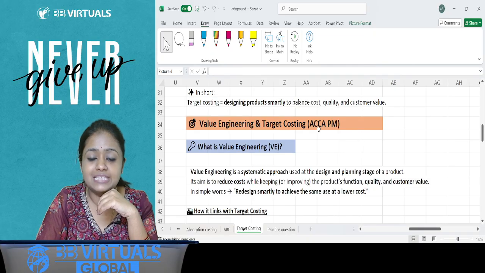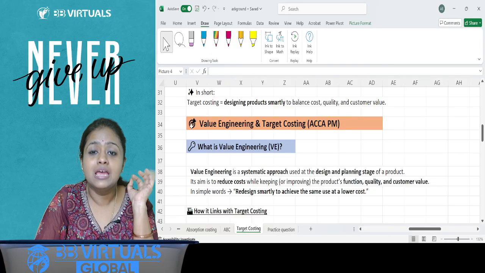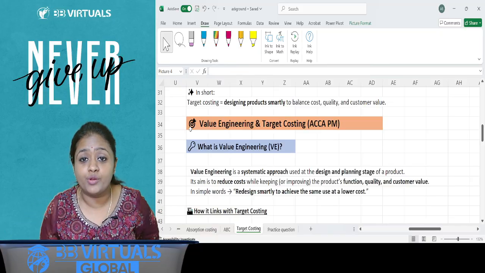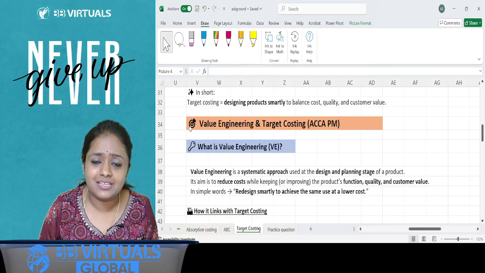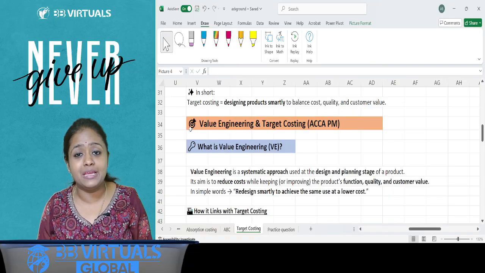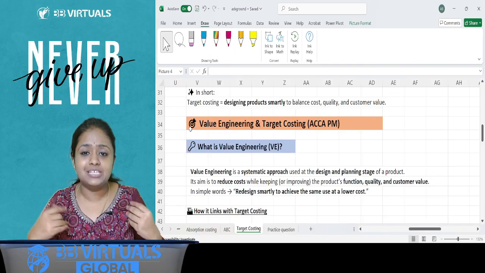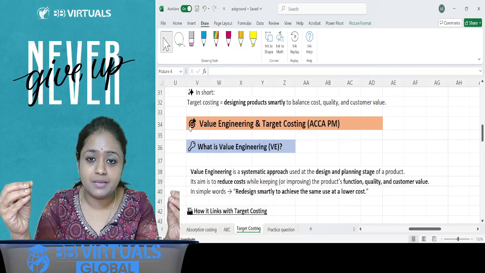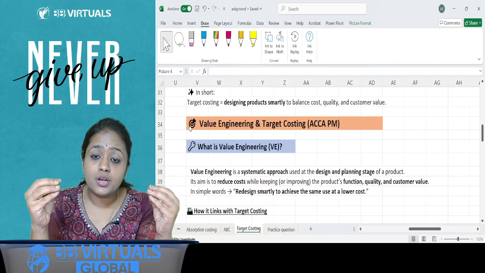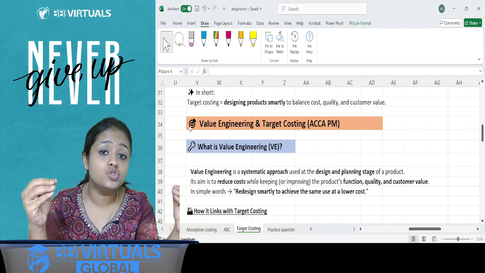I've written ACCA PM for the core reason that those MA students who may be following here for their syllabus, value engineering is not much relevant. It is more relevant for the PM syllabus. But just have a look. Value engineering means a systematic approach to reduce your pricing, reduce your cost.